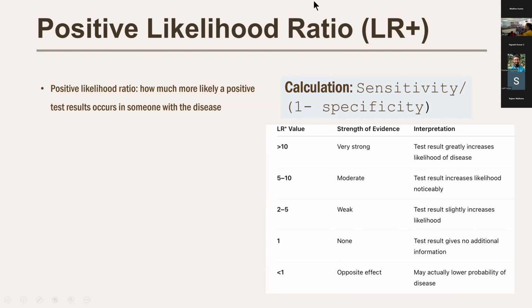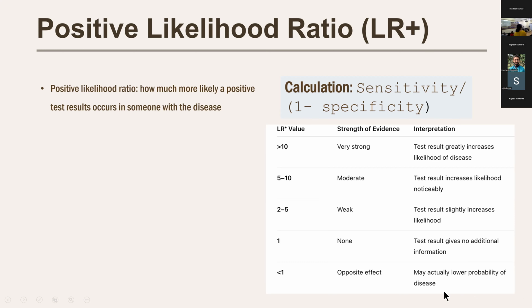Now, a positive likelihood ratio is how much more likely a positive test result is to occur in someone with the disease. So if a test is positive in someone with NSTEMI, how much more likely is the NSTEMI diagnosis with a positive test? The calculation is sensitivity divided by 1 minus specificity. Can we calculate that?